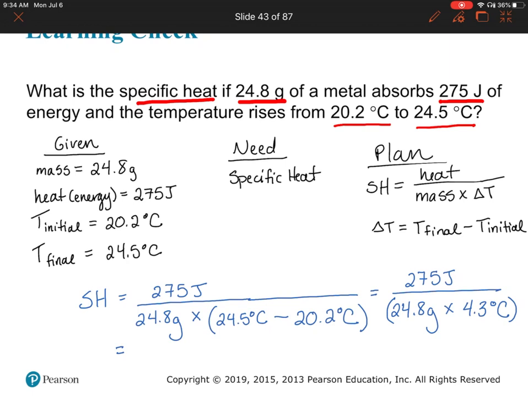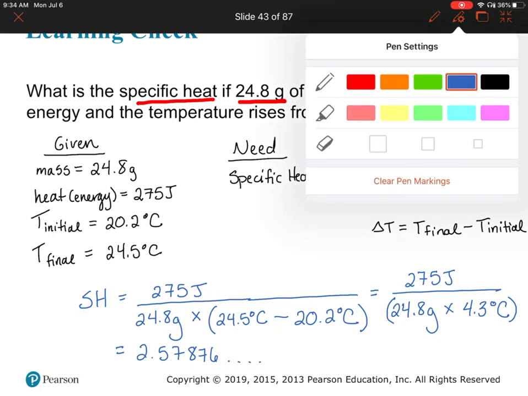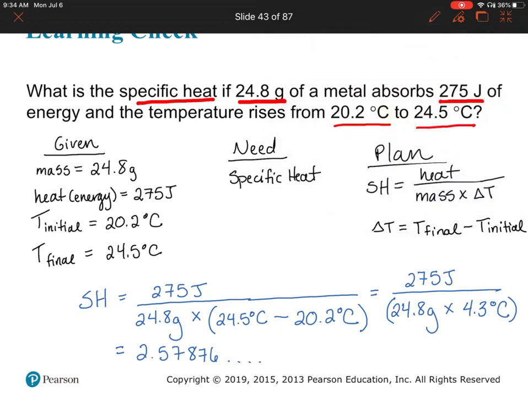Okay, so 275 divided by parentheses, 24.8 times 4.3, close parentheses. All right, so my calculator gives me a super long number. So I've got 2.57876, etc. But how many significant figures should I include in my answer?